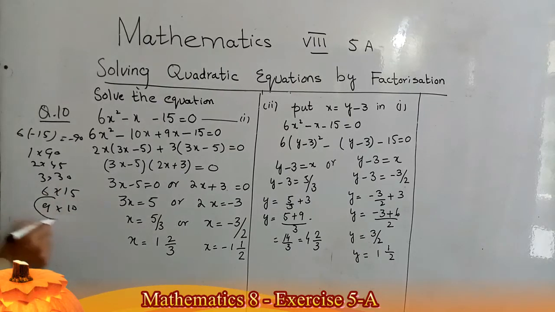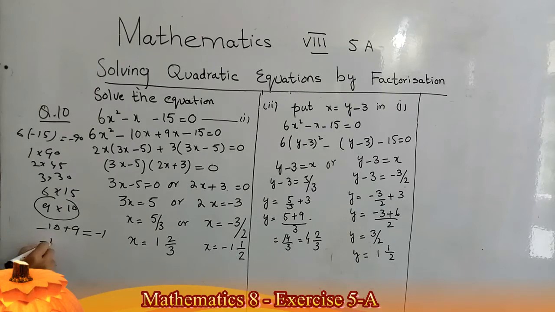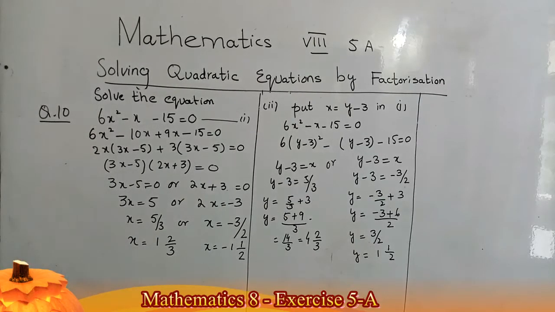So I will select this pair because minus 10 plus 9 gives the middle term and their product is minus 90.